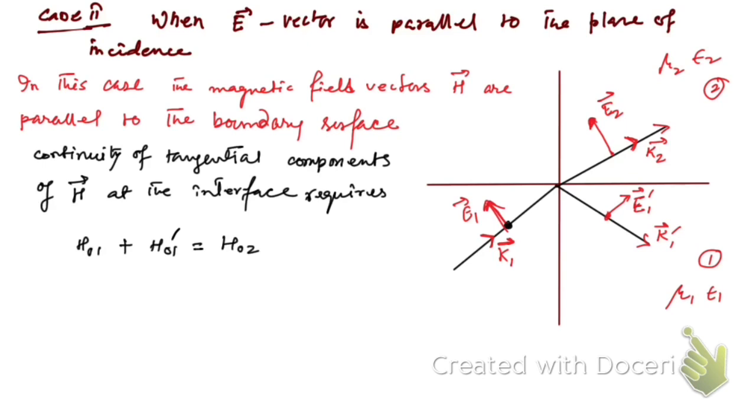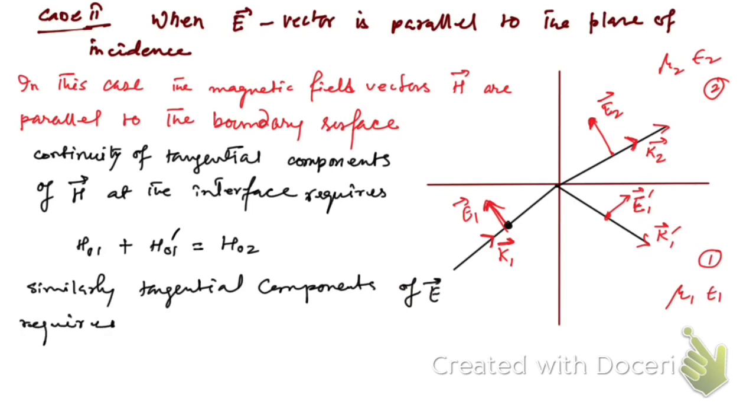And similarly, tangential components of E vector requires, now you see, as this H vector is already parallel to this interface, so that's why we don't need to resolve this into tangential and perpendicular components.